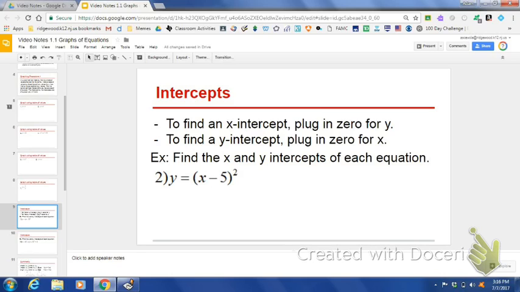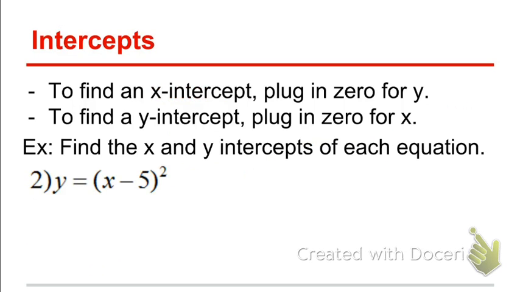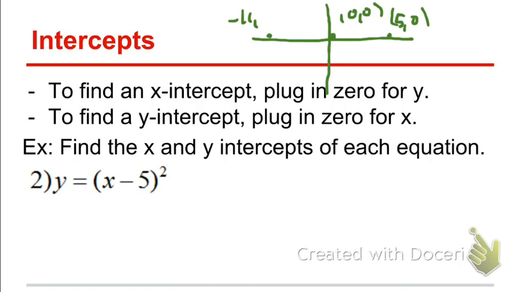Now let's just learn how to find x and y intercepts without the graphing calculator. So to find an x-intercept, we're just going to plug in 0 for y. And that's because every point on the x-axis, say like this point, 0, 0, or this point, 5, 0, or this point, -11, 0.